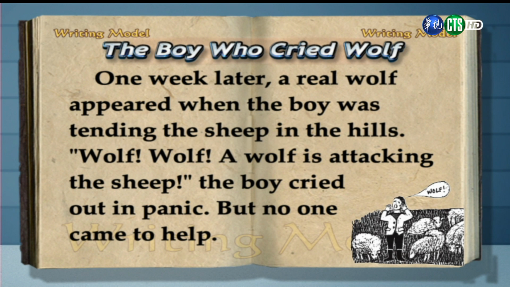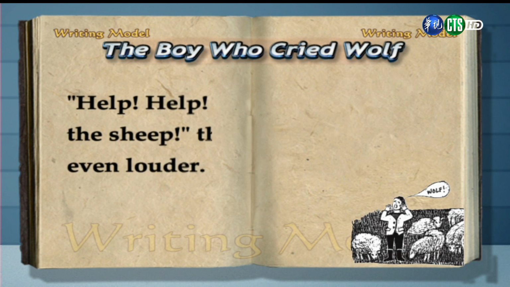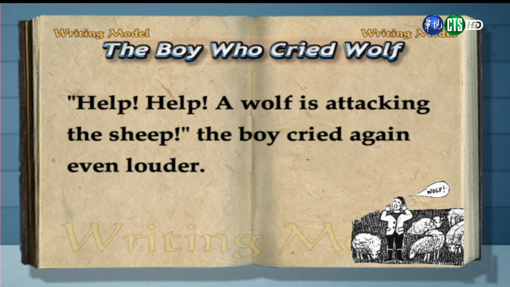"Wolf! Wolf! A wolf is attacking the sheep!" The boy cried out in panic, but no one came to help. 1个礼拜之后，当男孩在山坡上牧羊时，一只狼真的出现了。狼来了！狼来了！有狼在攻击羊群啊！男孩惊慌地大叫，但是没有任何人来帮忙。 "Help! Help! A wolf is attacking the sheep!"